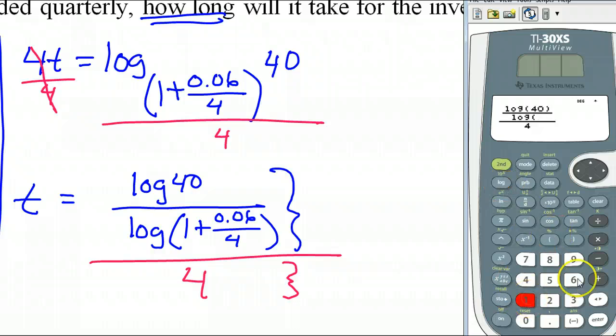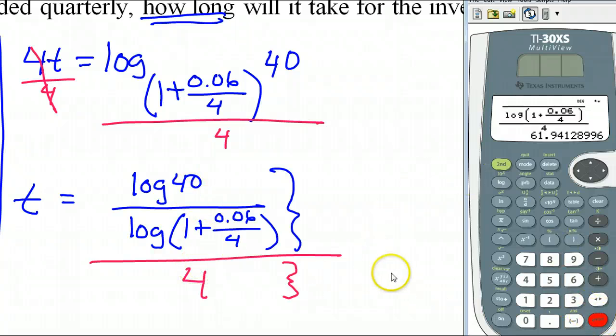So log of 1 plus, and time for another fraction, over 4, and then close those parentheses. So this is what we have here. If I hit enter, that is going to be my answer. 61.94 years.